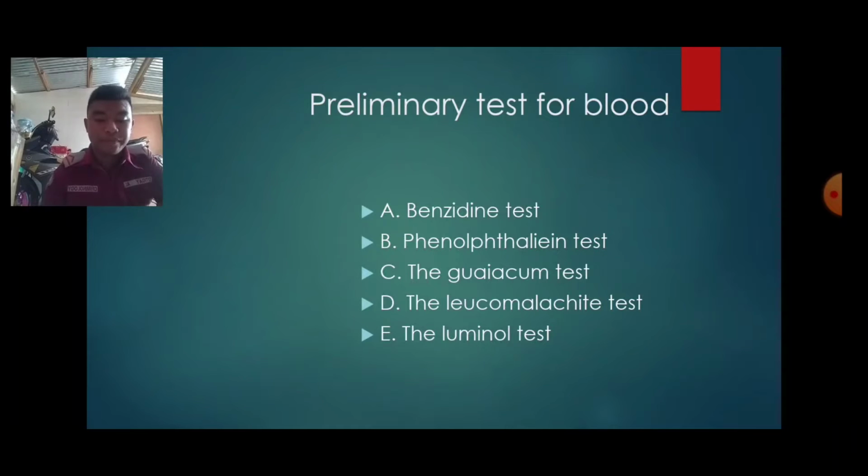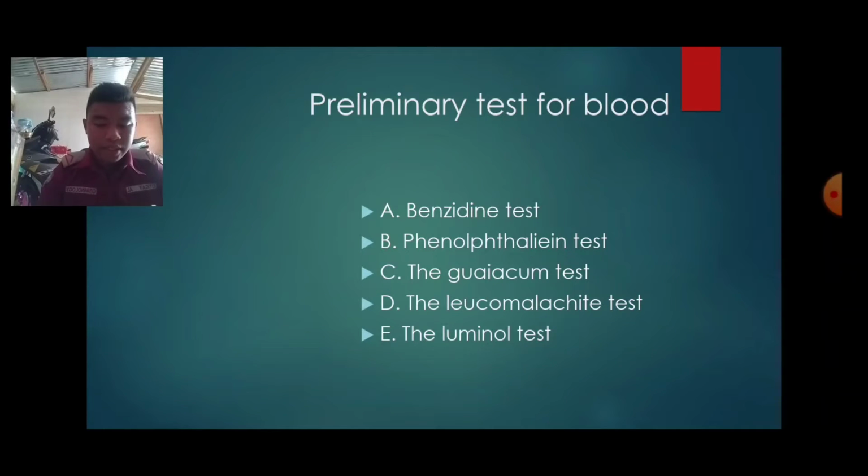Hemoglobin has the ability to cleave oxygen molecules from H2O2 and catalyze the reaction from the reduced form of leucomalachite green to the oxidized blue-green colored product. And letter E is the luminol test.